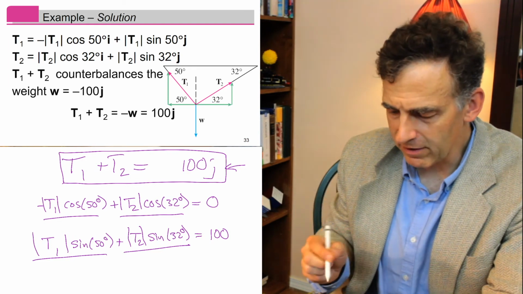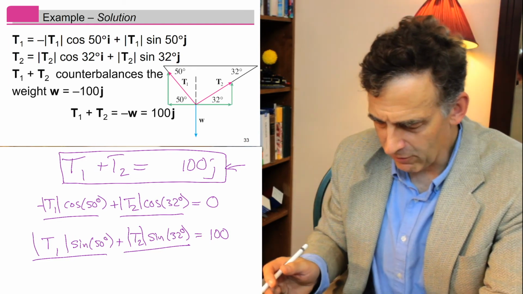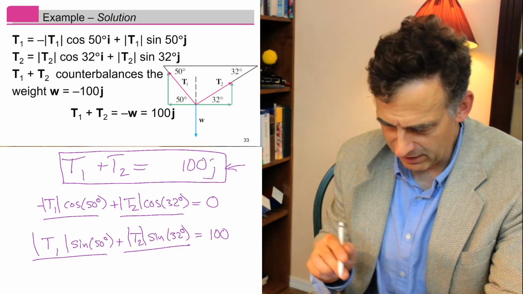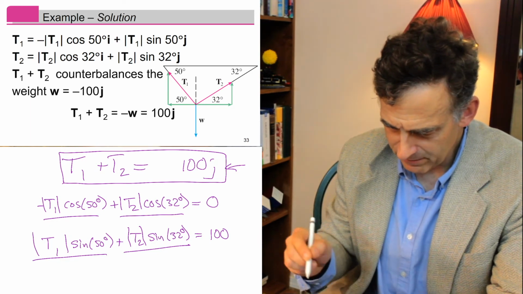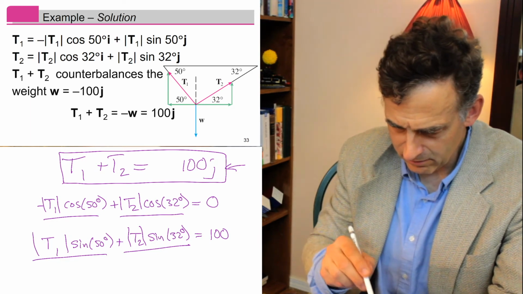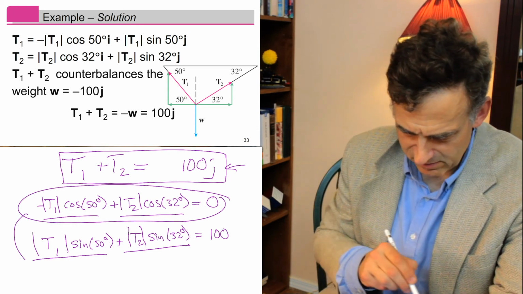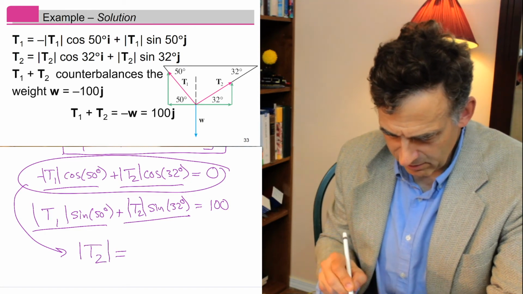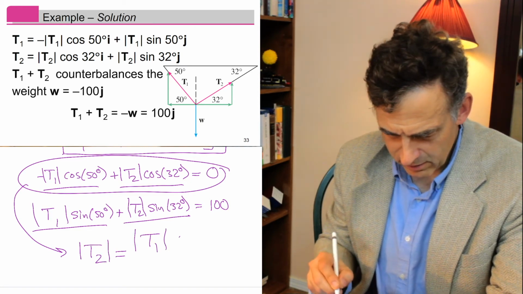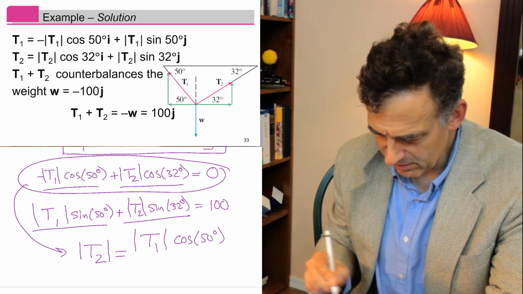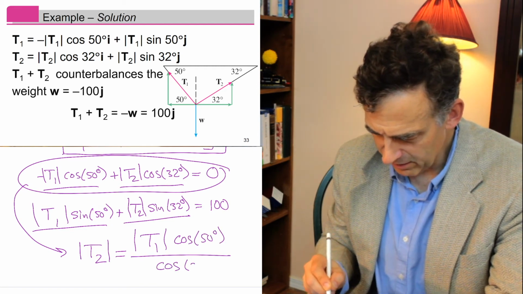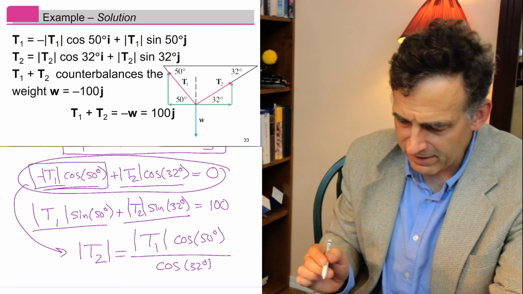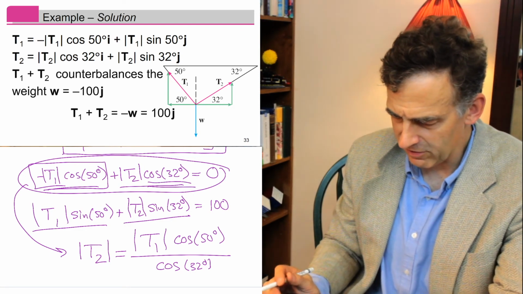What I'm going to do is take this first equation and solve it for T2. I get T2 is equal to T1 cosine of 50 degrees over cosine of 32 degrees. All I did there is move this stuff over to the right side and divide both sides by cosine 32.